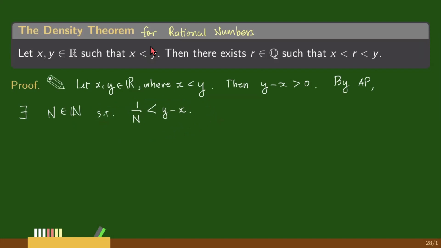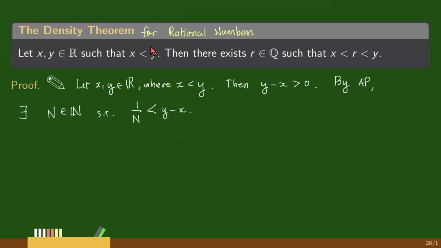Kung maikli yan, kung malapit sa x and y sa isa't isa, yung n na yan malaking-malaki dapat. Di ba? Naintindihan nyo? Pero kung malayo sa x and y, siguro pwede na n is 1. Right? Pero kung ang x at y malapit na malapit, just in case na malapit sila, yung n na yan has to be very big para yung 1 over n ay mas maliit even sa y minus x. Do you understand?